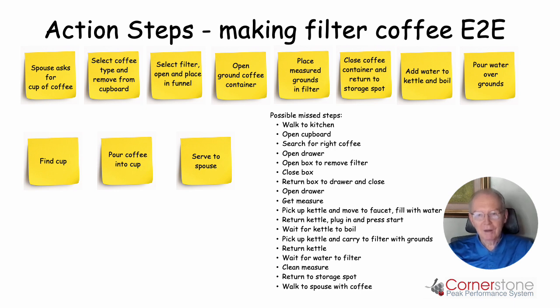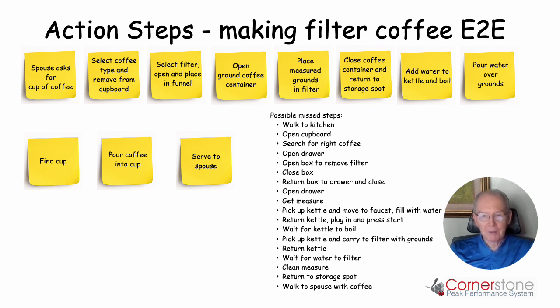You've got to pick up the kettle and move to the faucet and fill it with water and then go back again and plug the kettle in. And then you have to wait for the kettle to boil. Waiting we'll discuss in some detail later, because nothing's happening there that you were doing, but the action is that the water is getting hotter and hotter and hotter until it bubbles and is boiled.